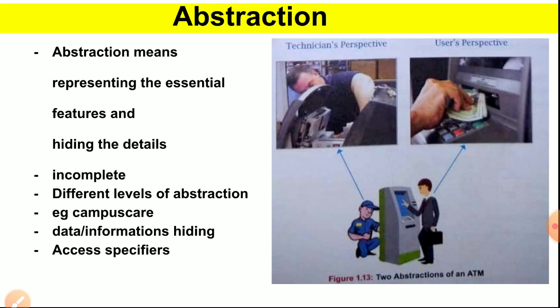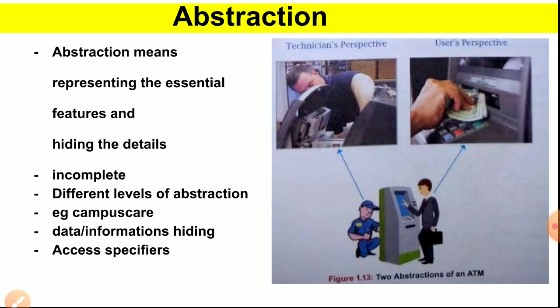So if anything goes wrong with the ATM, a technician will come and repair the ATM, isn't it? But for that, the technician must be having the knowledge of inner working of the ATM. Then only the technician can fix it.